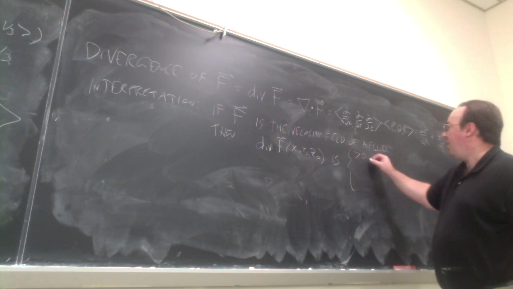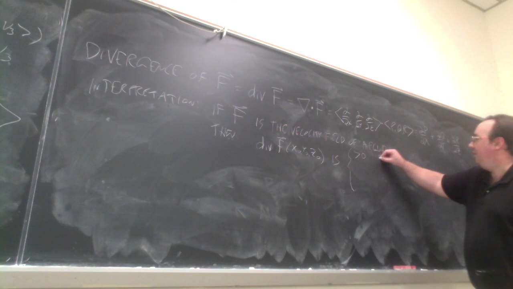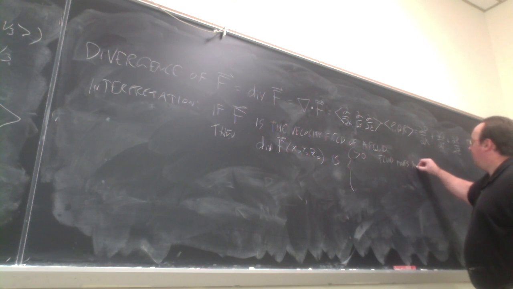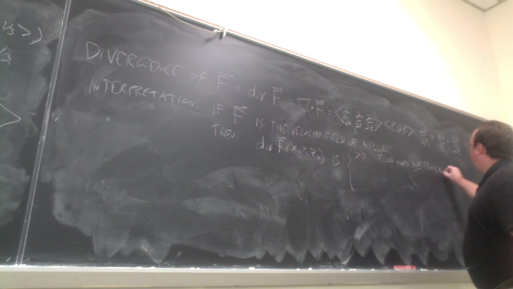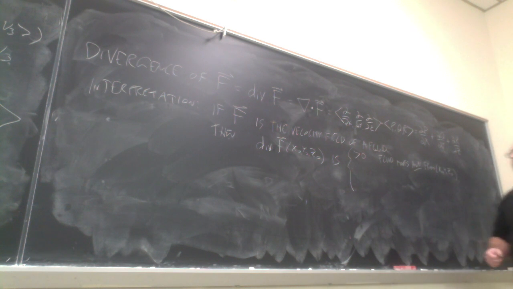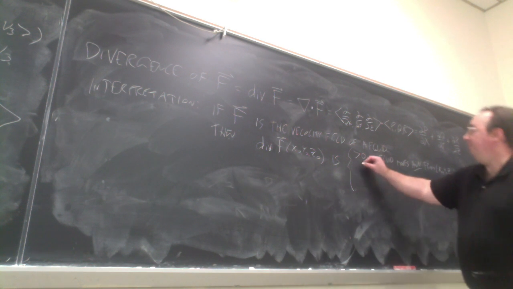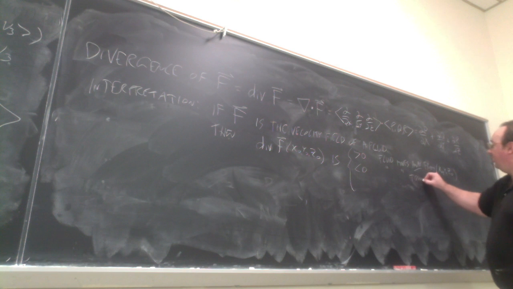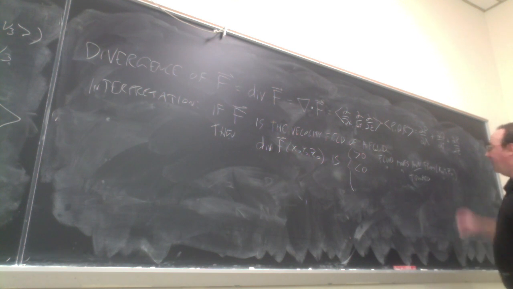So if it's positive, then the fluid is moving away from this point, x naught, y naught, z naught. And that's why they call it divergent. It's diverging away from it. If it's negative, then the fluid moves toward x naught, y naught, z naught.